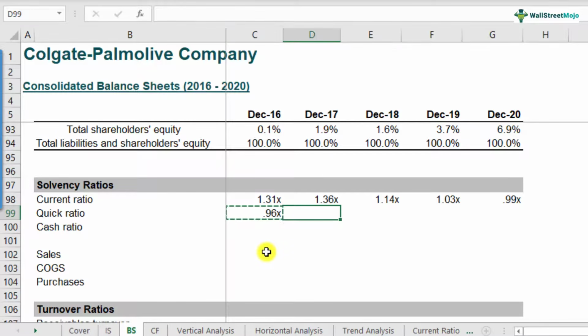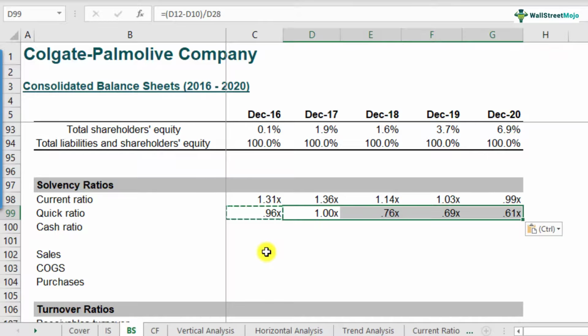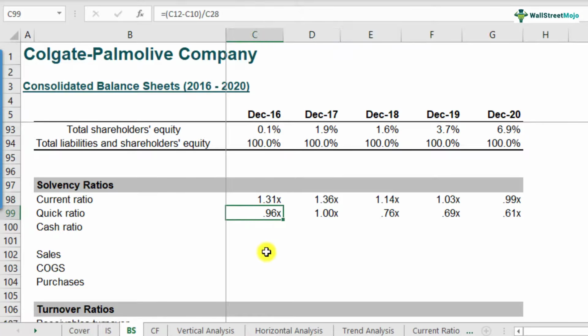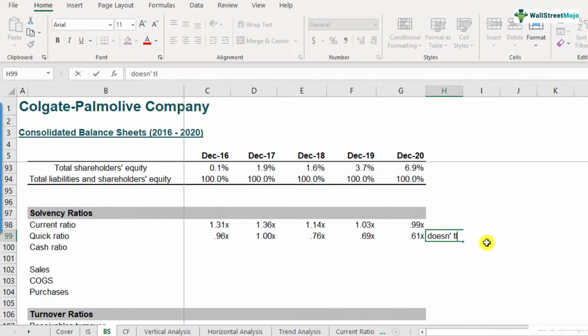Let's copy and paste this formula and see how the trend is for quick ratio across the years. So quick ratio actually improved marginally in 2017, but from 2018 onwards, it is showing a decreasing trend. Again, if you look at 0.61 versus 0.99, it's a very bad situation to be in. So this doesn't look good. It doesn't look good for sure for Colgate.